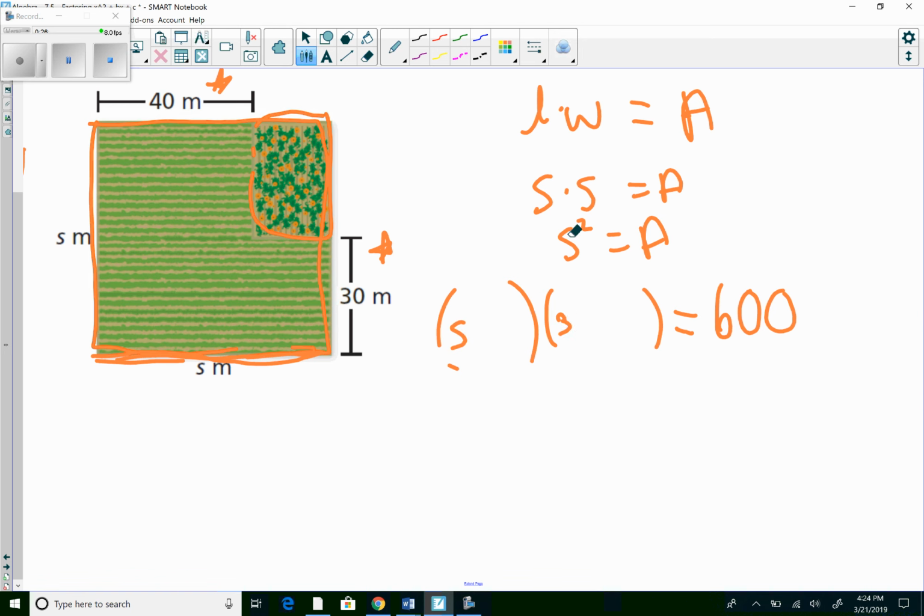Both of those sides are S. Now this side right here is S units long, but it's S units minus 30.